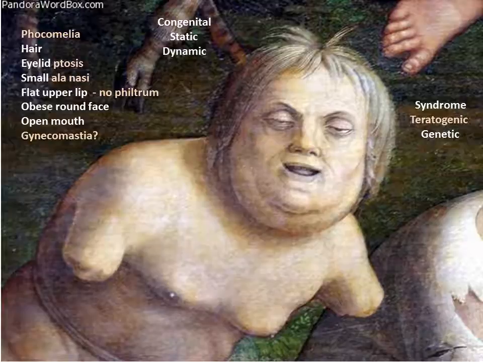Is this a syndrome? If it is a syndrome, is it due to environment, that is a teratogenic syndrome, or is it due to some kind of a genetic or cytogenetic or chromosomal defect? Is it static? That is, these anomalies appear at birth and the individual otherwise is stable, or is it dynamic?